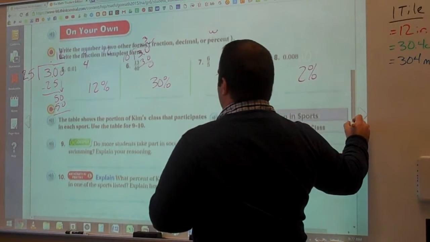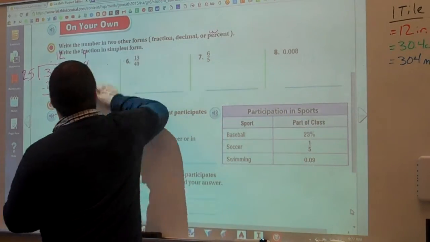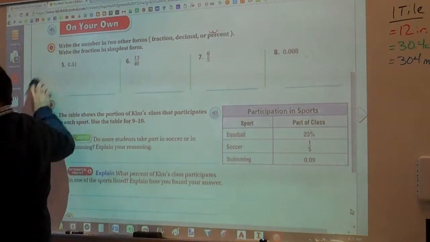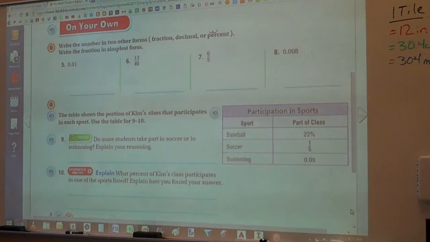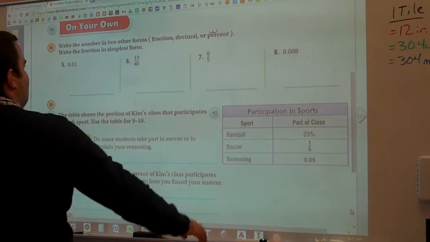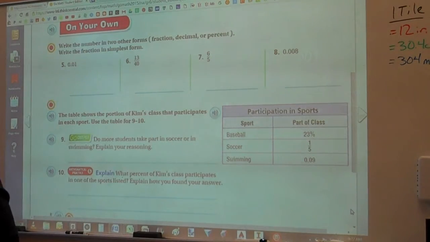Last set of examples before I let you loose on your homework. Write the number in 2 other forms: fraction, decimal, or percent. Write the fraction in simplest form. So they're going to give you a number, and say write it 2 other ways.